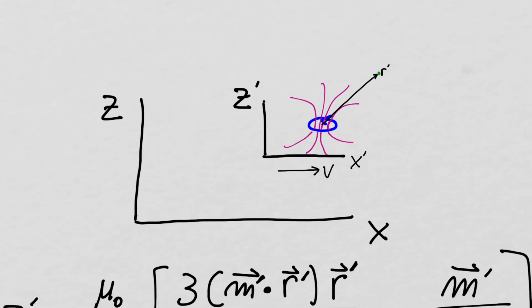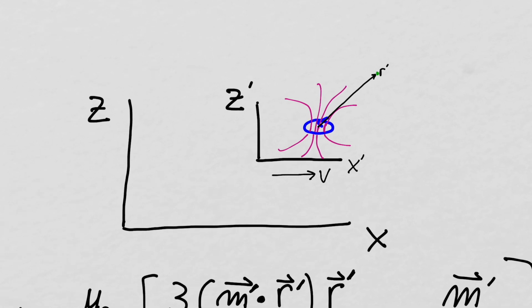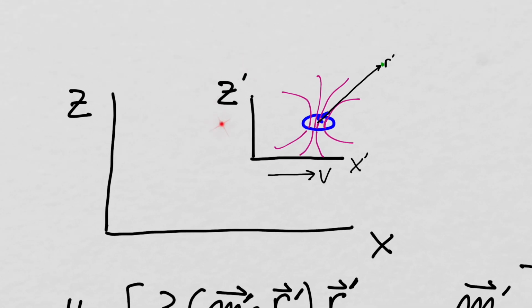So the setup, as I've deduced it from the paper, is like this. The prime frame is the frame that contains the magnetic dipole, right? So the magnetic dipole is moving to the right with speed v.